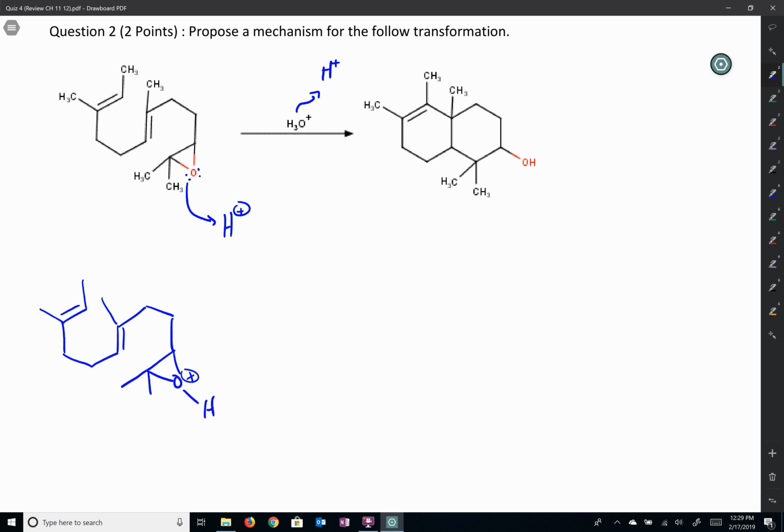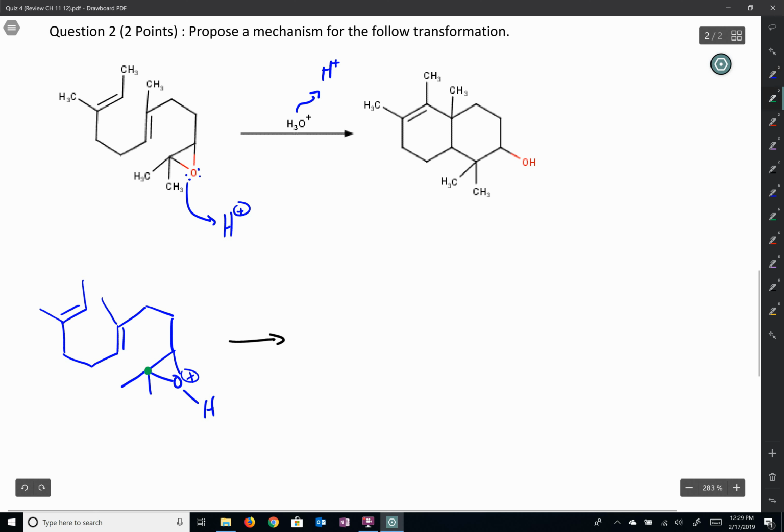So we've got our protonated epoxide. So now something's going to want to come in and pop open that ring. Now remember, since we're doing acid catalyzed ring opening of an epoxide, whatever the incoming group is going to hit the most substituted carbon, or is going to hit the most stable partial positive that gets left behind, right?